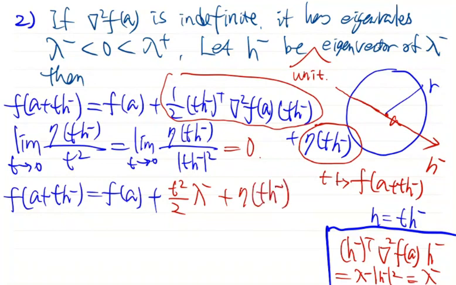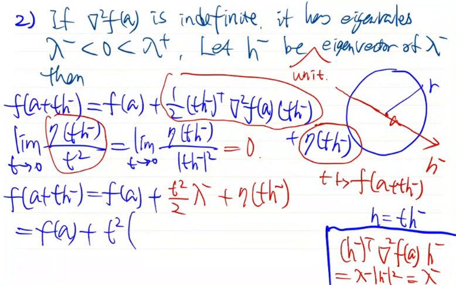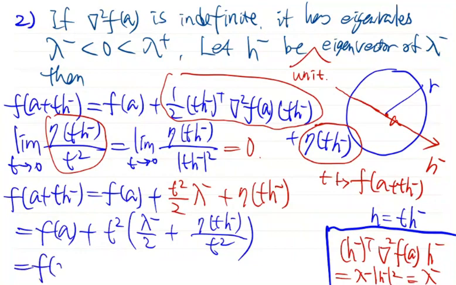So to use the result that divided by t squared the limit is 0, we can rewrite this as f(a) plus t square times half of lambda minus plus eta(t h minus) over 2t square. So this is f(a) plus t square little psi(t).